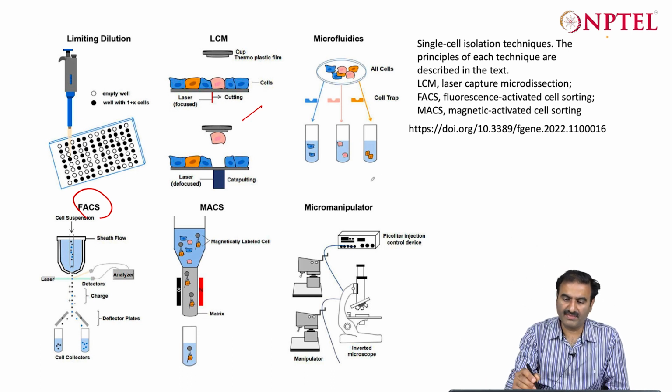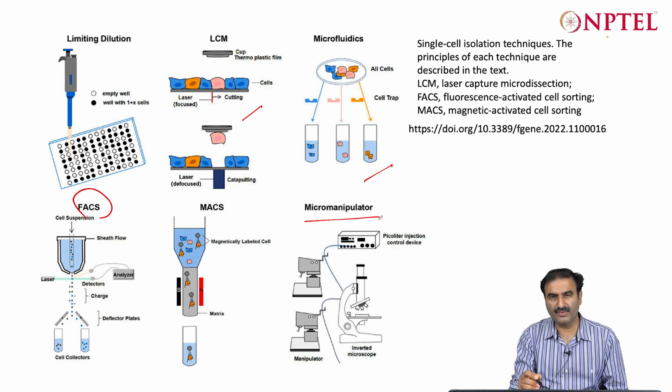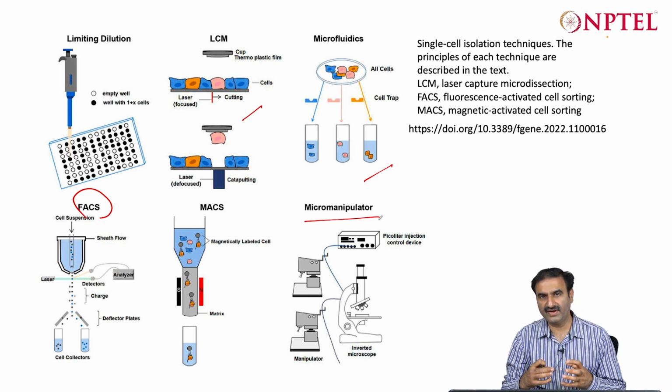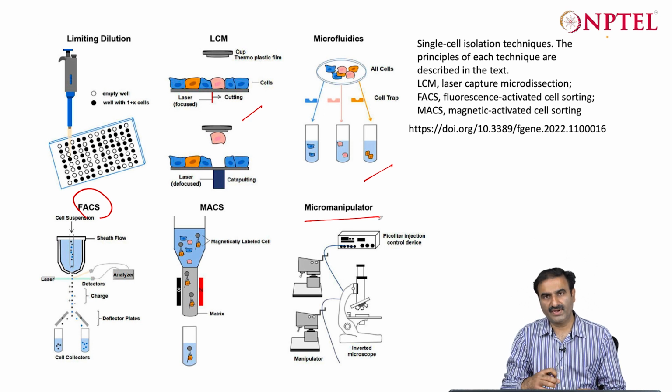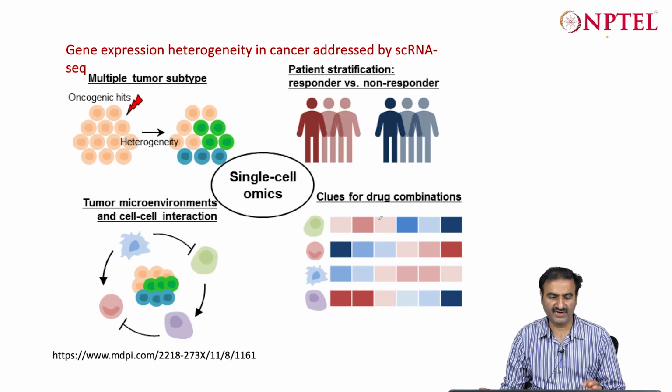Similarly, microfluidics, which we do in the case of the Chromium instrument, or the micromanipulator, where we can handpick the cells that look different under the microscope, take those cells, rupture them and do the genomics. So these are the methods that can be used to get single cells for various studies.